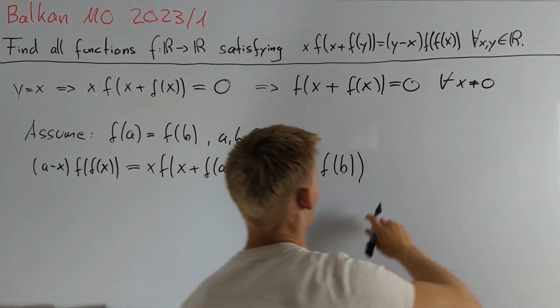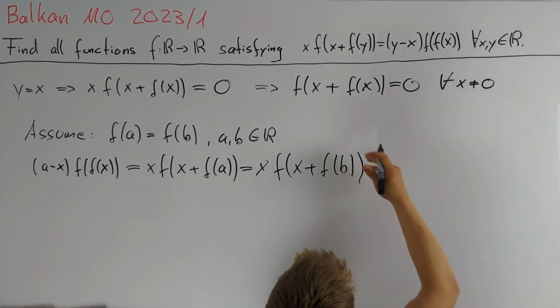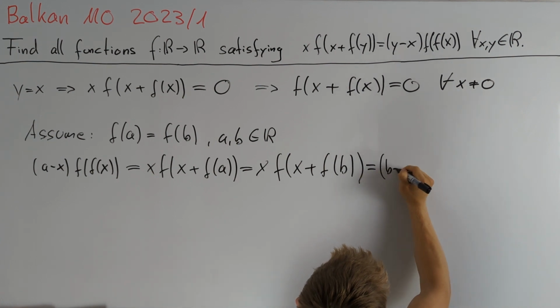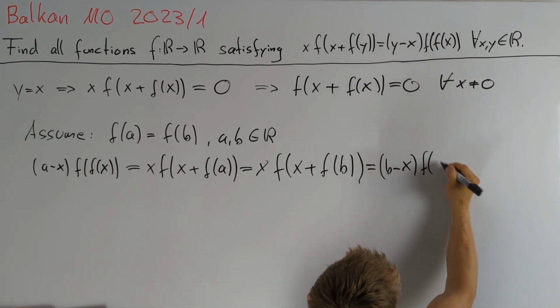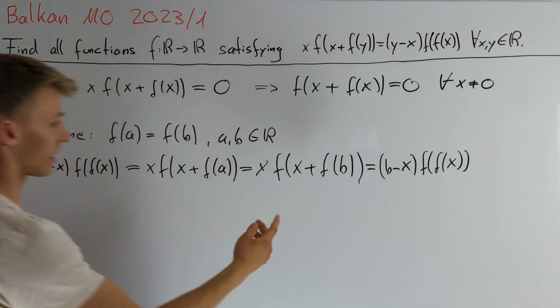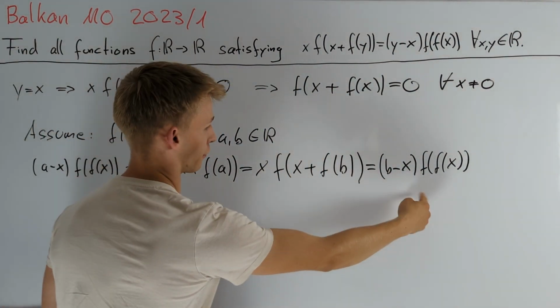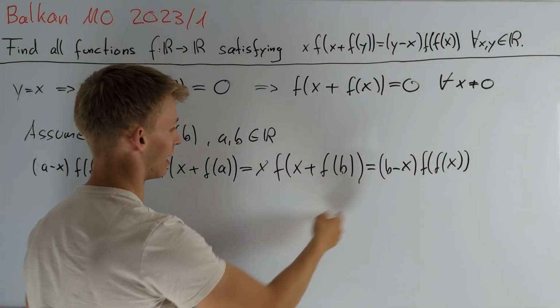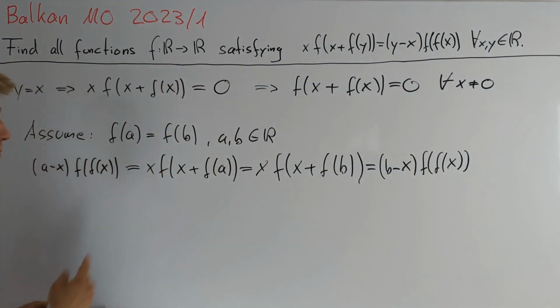And now we use our equation here again for y is equal to b to get that this is equal to b minus x times f of x. This looks really promising, because if we can divide both of the sides by f of x and then add x, we have that a is equal to b, and then injectivity follows. But in order to divide by f of x, this has to be not equal to 0.